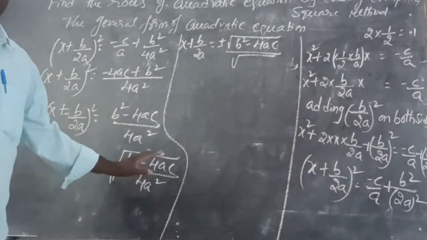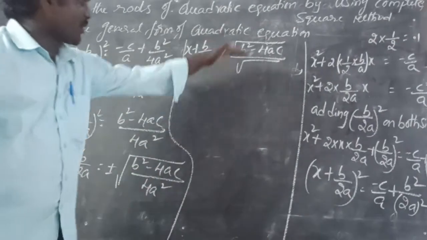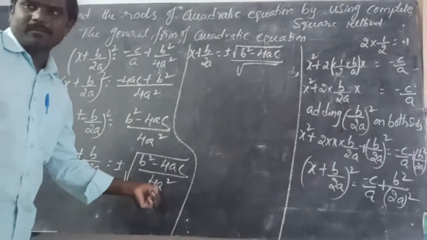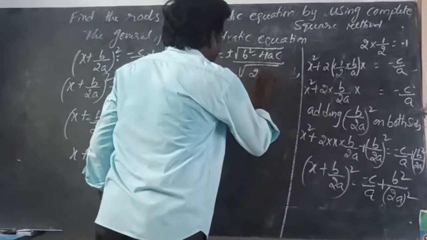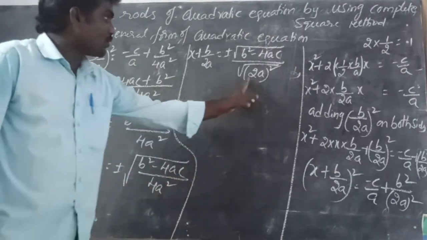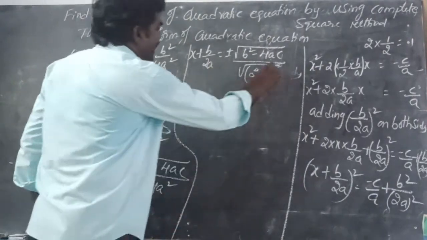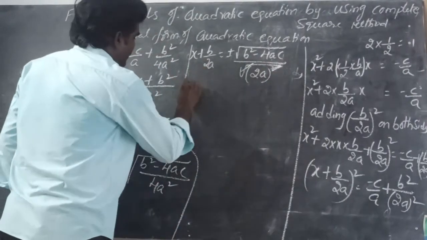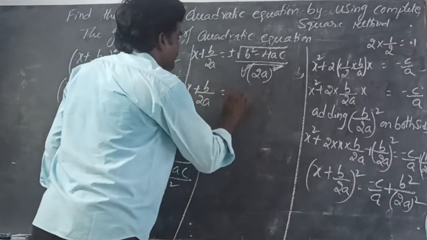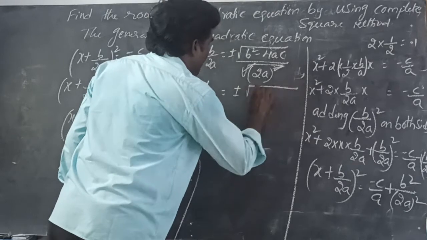Okay, square root of x by y is equal to square root x by square root y. So 4, how we can write, 2 square. Okay, so now 4a square we can write as 2a whole square. The square root cancels.